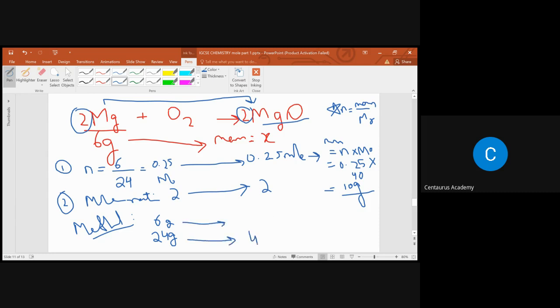That is going to be 40 grams. And how much magnesium oxide will be produced if 6 grams completely burn? Then you cross multiply: 40 multiplied by 6 divided by 24 will give you the final answer again, which is 10 grams. Is this point clear so far?